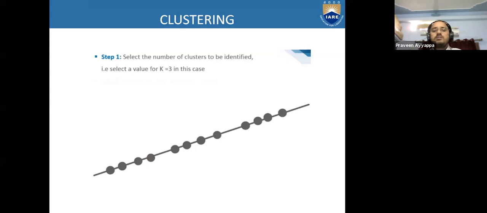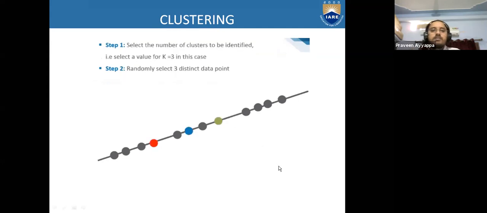So k is going to become 3 here, because it is the predetermined criterion for k-means clustering: to how many clusters the data points need to be divided into. That's why we select the number of clusters to be identified.